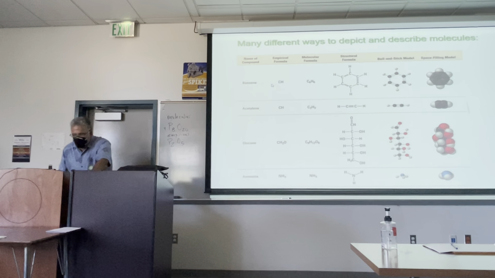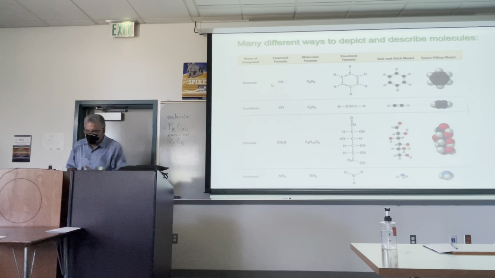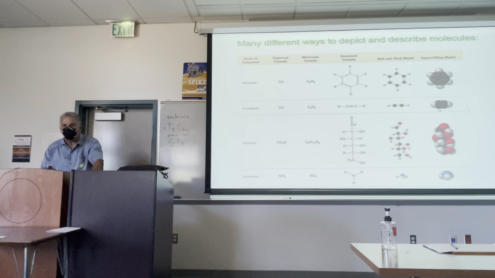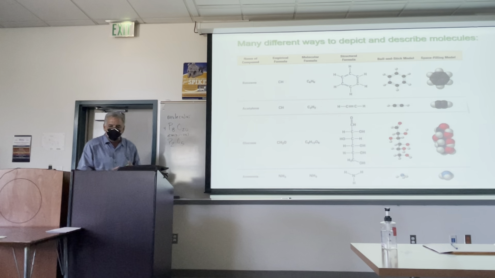And you can see they're all different representations of the molecules. So acetylene, C2H2, turns out it's a triple bonded molecule. These lines represent bonds between elements, right? And they represent kind of the shape of the molecule. The space filling model gives us the better shape, but we have to remember that's not really what it looks like.